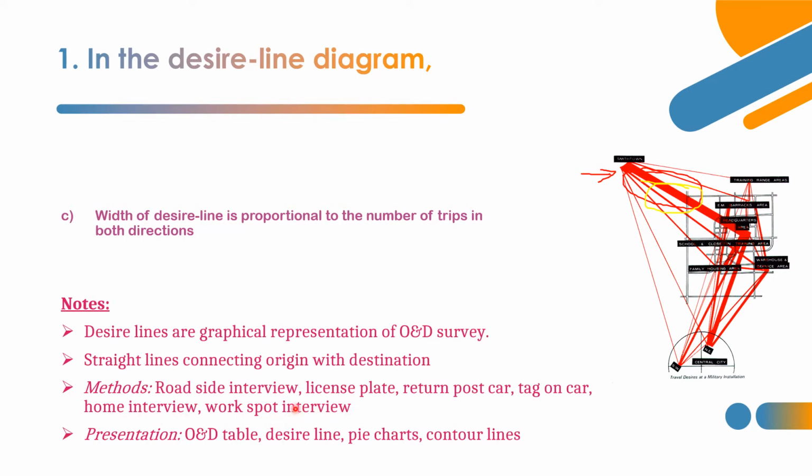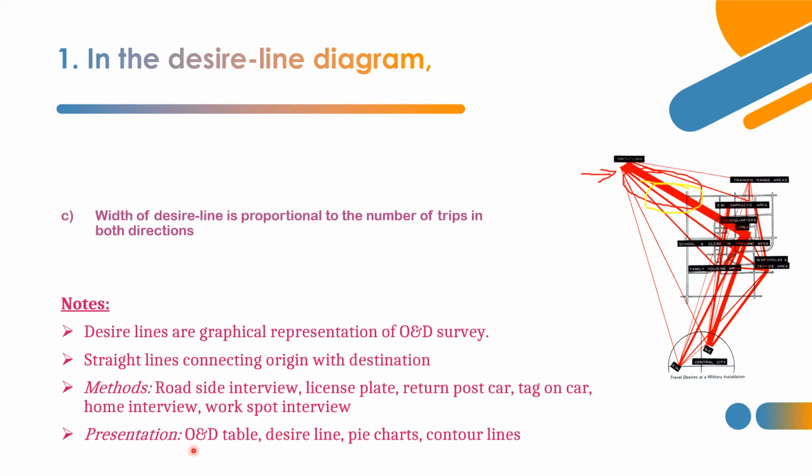By interviewing the people traveling in these directions, we can find the intensity of the trips. And using the license plate method, written postcard method, and tag on car, we can place a tag on the origin car, and that tag will be counted at the destination, so that we know how many trips are going between these two locations. So this is how we can find origin, destination, and desired line width.